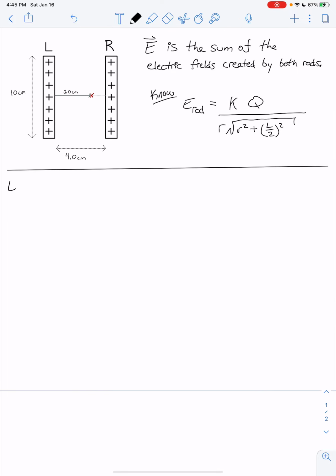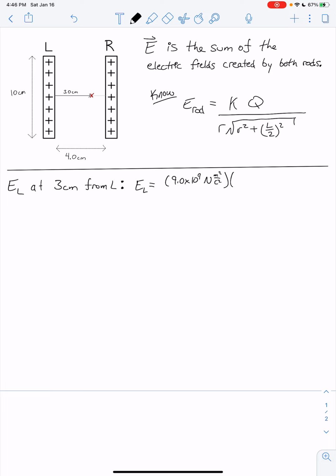So E_L, the electric field at that point created by the left rod at 3 centimeters, is equal to Coulomb's constant, 9 times 10 to the 9 newton meters squared per coulomb squared, times our charge of 10 nanocoulombs.